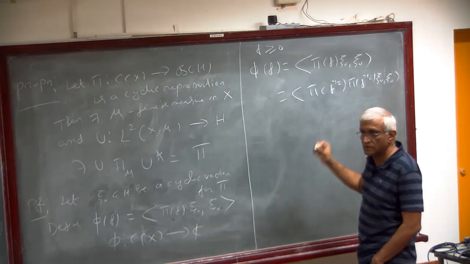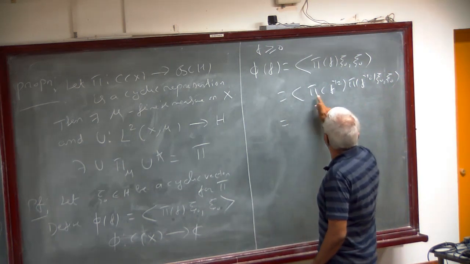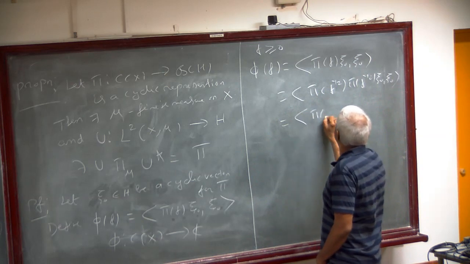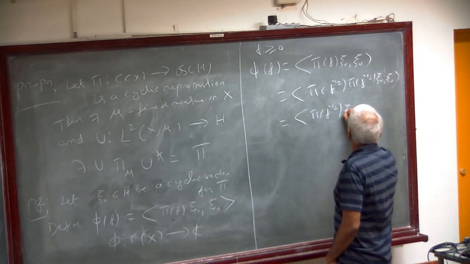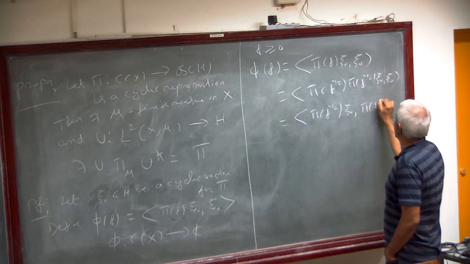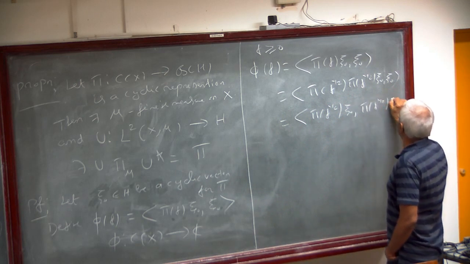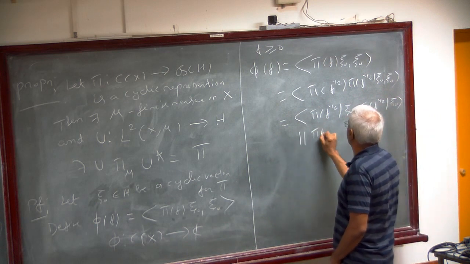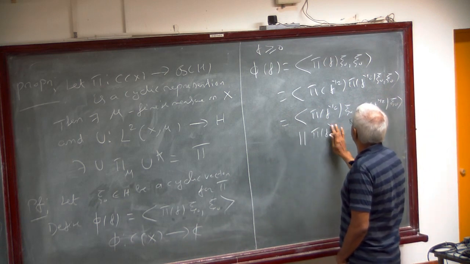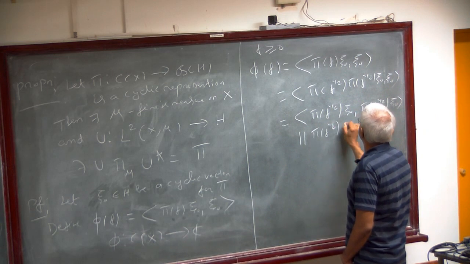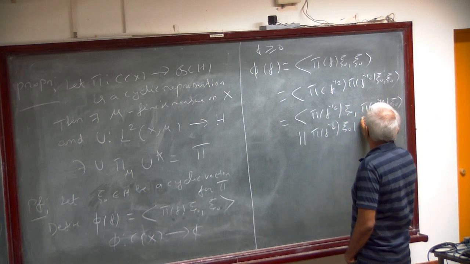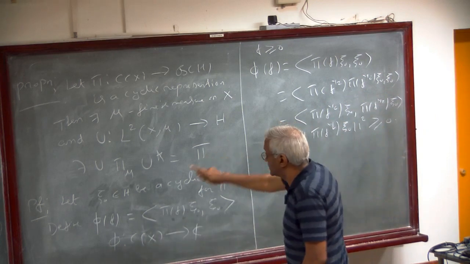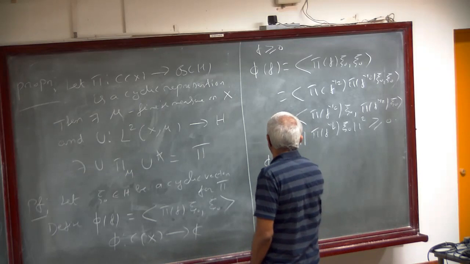It's a positive function, so I take the square root, and it is a positive function, so its conjugate is the same, so it's self-adjoint. So this is equal to ⟨π(f^{1/2})ξ₀, π(f^{1/2})ξ₀⟩, which is equal to the norm squared of π(f^{1/2})ξ₀, greater than or equal to 0. So φ is a positive linear functional.